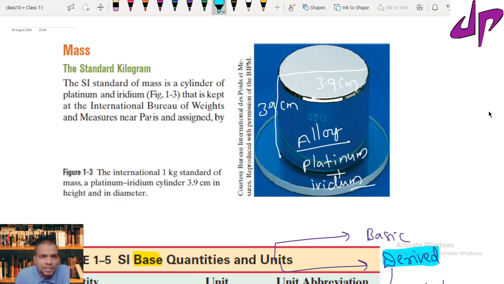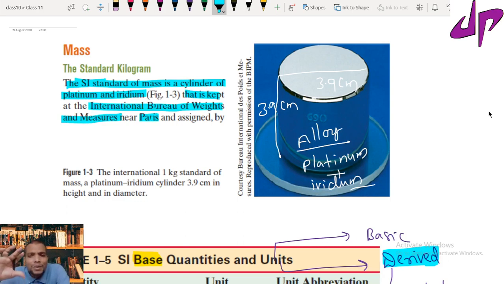The SI standard unit of mass is a cylinder of platinum iridium that is kept at the International Bureau of Weights and Measures, which is near Paris. That metal of those dimensions we take as 1 kg.